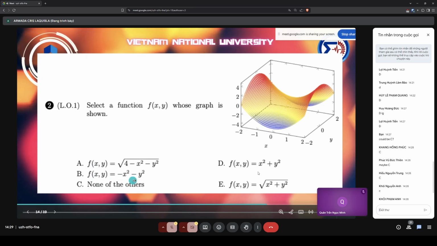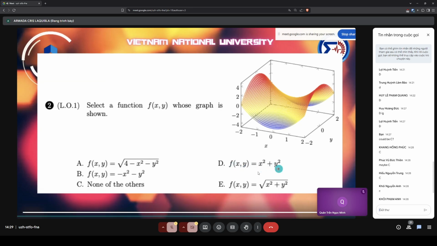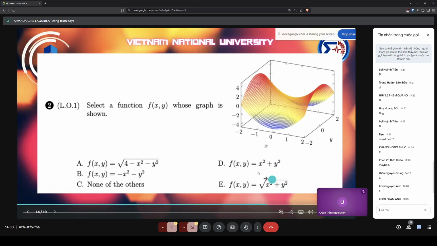Substitute -2 and -2. You have -4 minus 4, so -8 is the answer for your B. Here, this is plus. So the answer for your D, if you substitute -2 and -2 in your x and y, becomes 4 plus 4, it's 8. So your E is the square root of 8, so it's not 0 also in your f of xy. Therefore, the answer is letter C, none of the others.